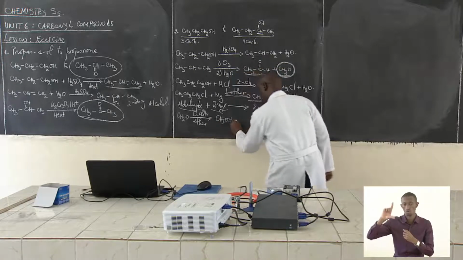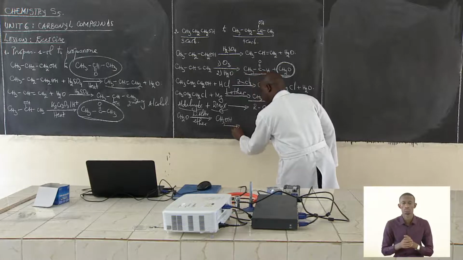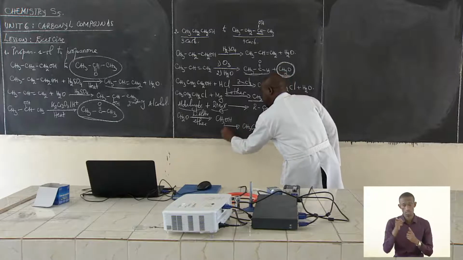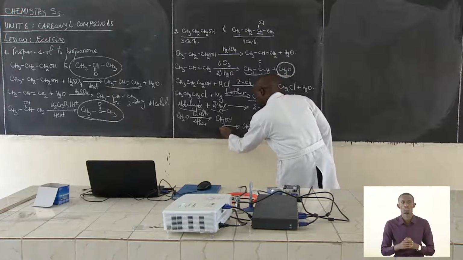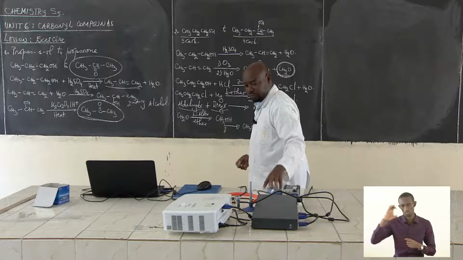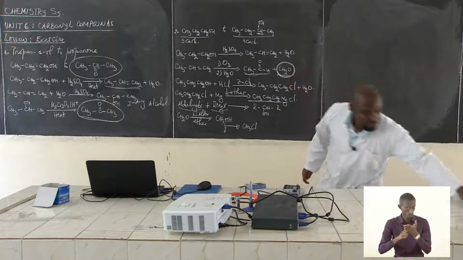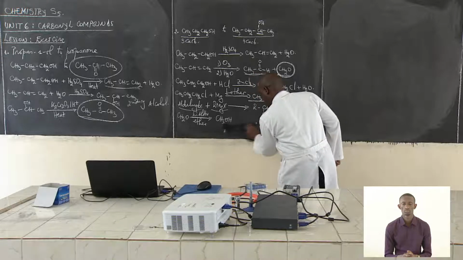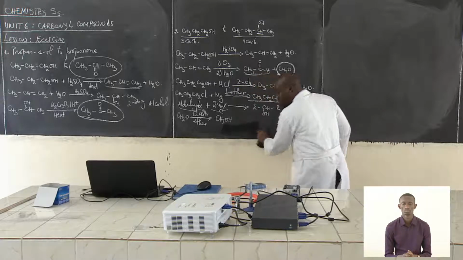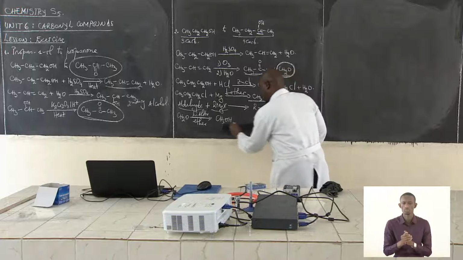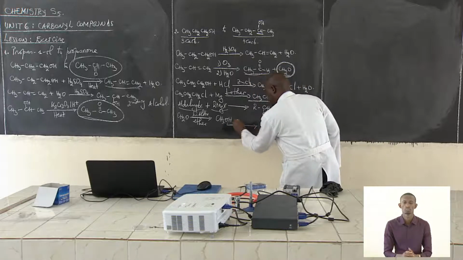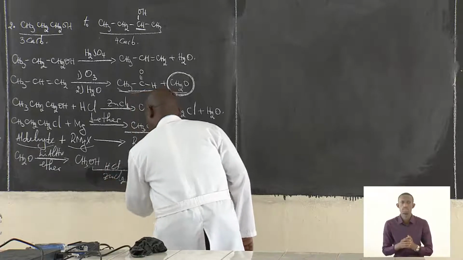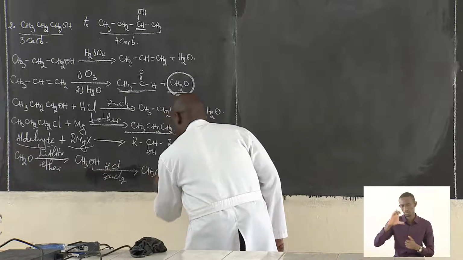And the alcohol we have here can be transformed into CH3Cl if we use a mixture of HCl and zinc chloride, we produce CH3Cl.